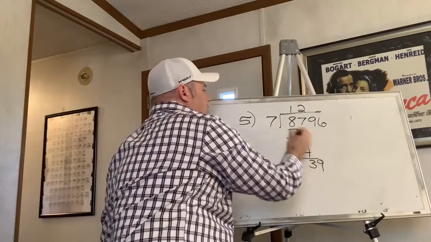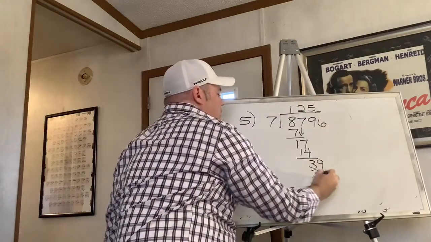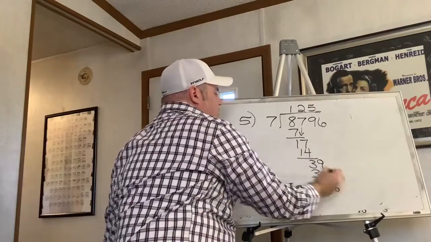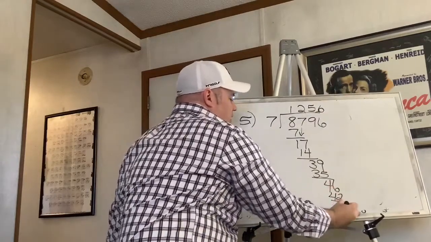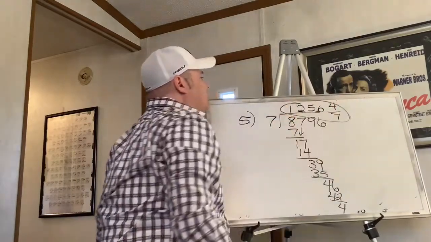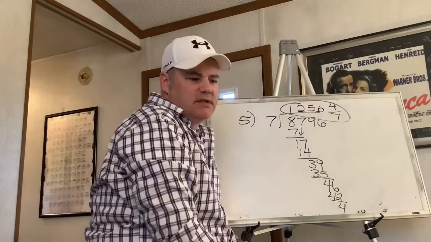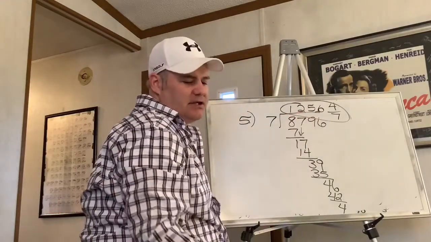Bring down the 9. Goes into there 5 times. Bring down the 6. Goes into there 6 times. And you've got a remainder of 4 over the 7. Okay? 1256 and 4/7. So that's doing those with remainder of fractions.